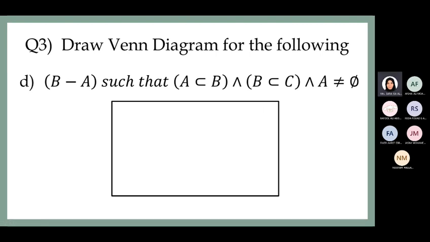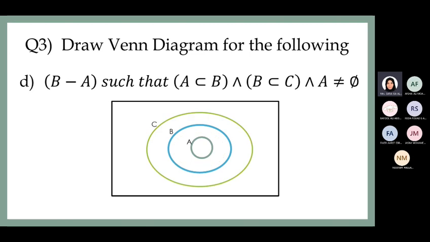I have to draw the area A inside B. B should be inside C. A is not equal to phi. Then I have to highlight the area B but not A. So this circle B should be highlighted, but do not highlight A.